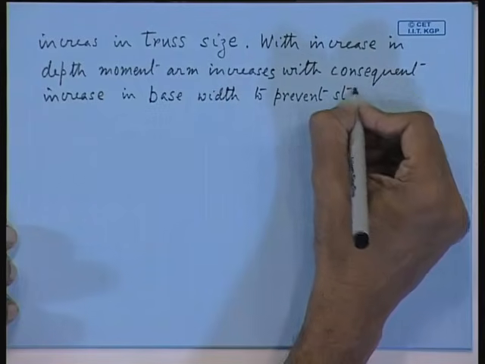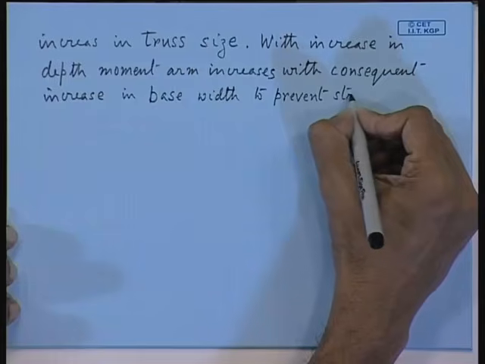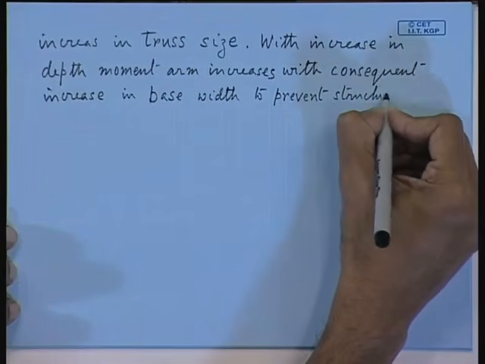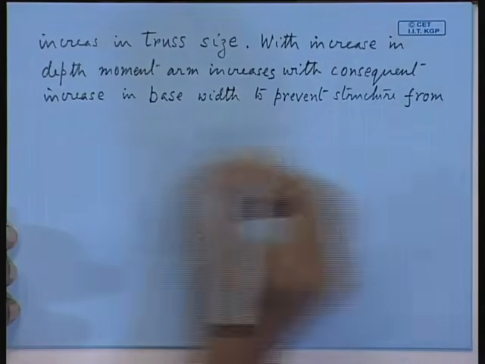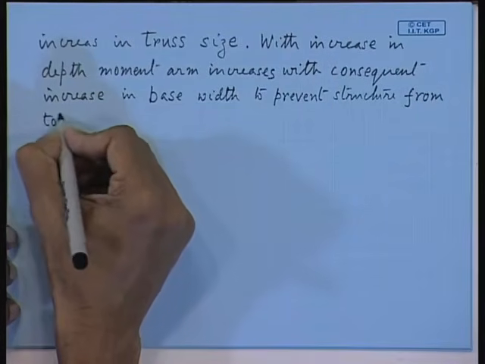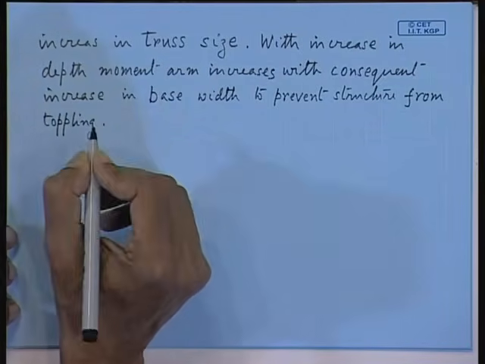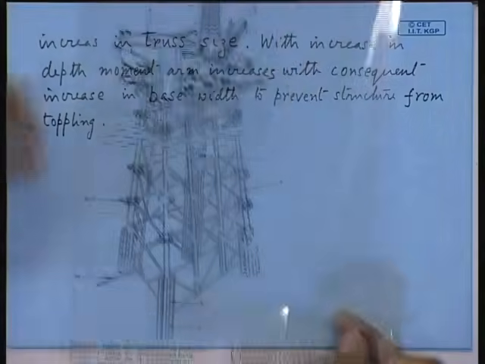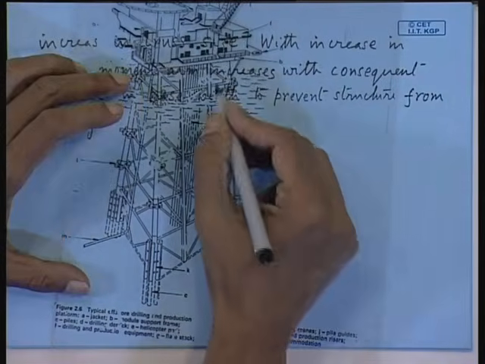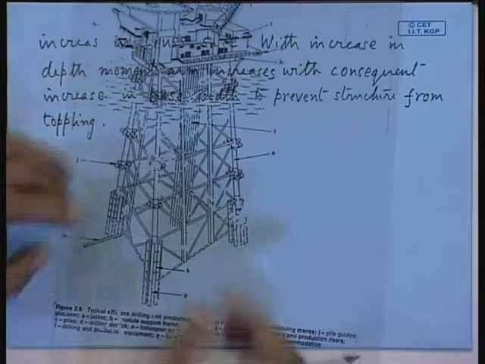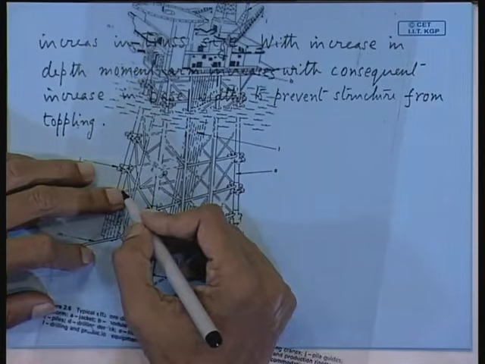Now, so far so good, but what will happen to the size of the bracing members? So, first, with increase in depth, you have also increase in width. So, that means all these lengths of the bracing members have increased.